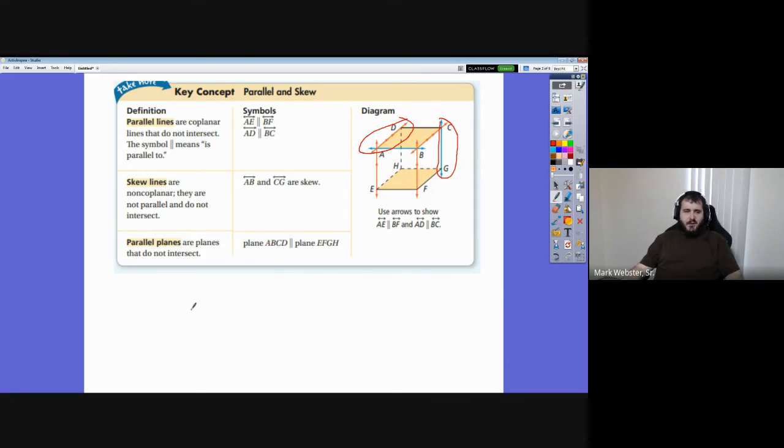So we can't have skew planes, not in the number of dimensions we can actually physically comprehend. You might be able to do it in like the fourth dimension, but ain't nobody got time for that here. All right, let's move forward.